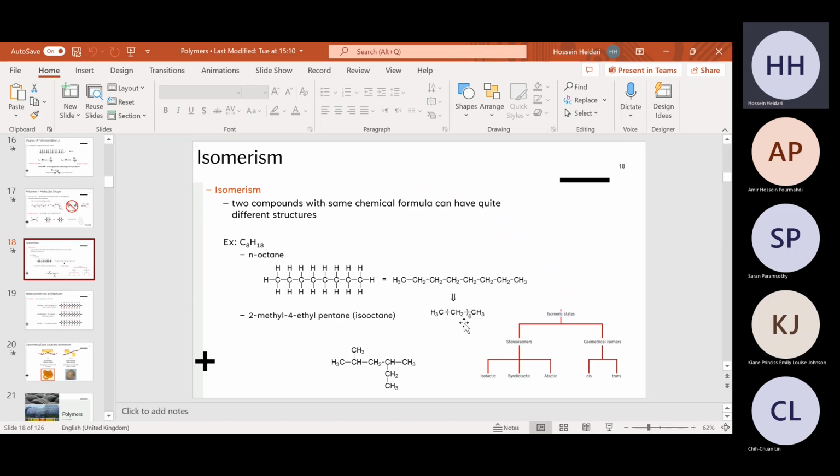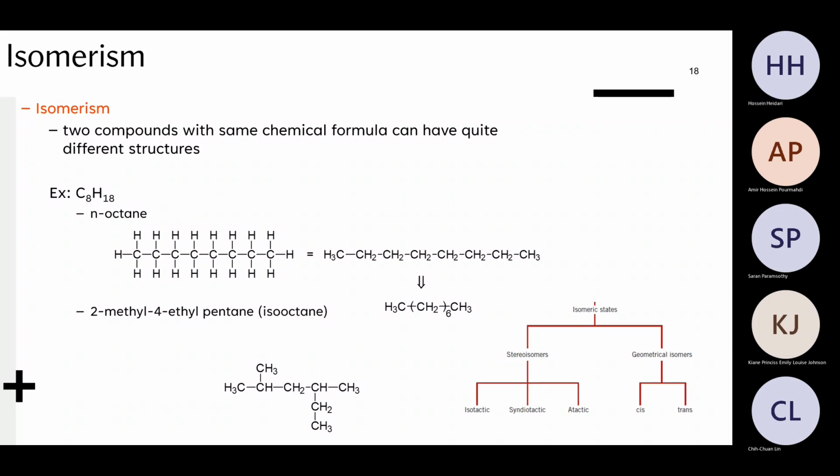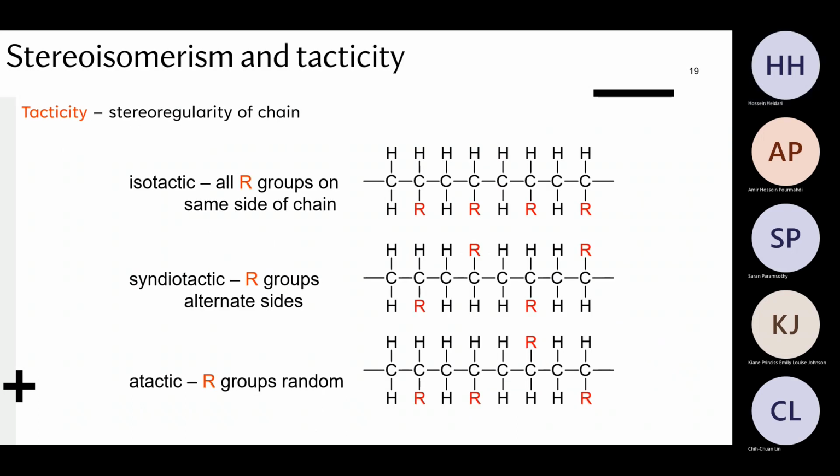First things first, not every two isomers belong to this categorization. These are special categories that isomers can belong to. They can be geometrical isomers, meaning they're cis or trans, but they could be neither of those. Similarly, they could belong to one of these groups, but they could also belong to none of them. In this case, stereo, we're talking about the side groups, how these are located.